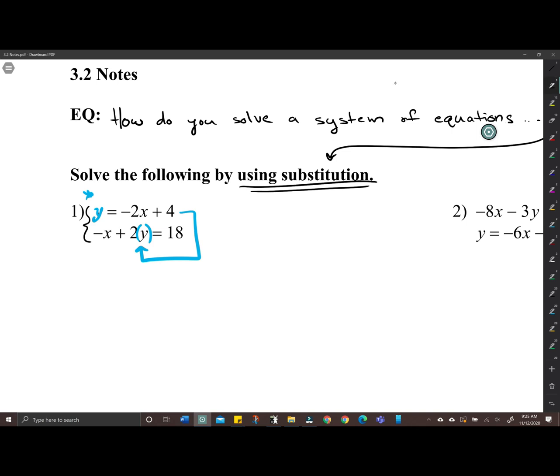So if we label these equation 1 and equation 2, it's going to make the second equation negative x plus 2 times, and I'm going to substitute that y in there, that whole piece, and then equals 18. So everything else is the same. I just substituted it in there.